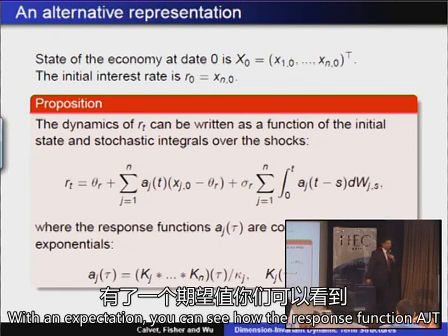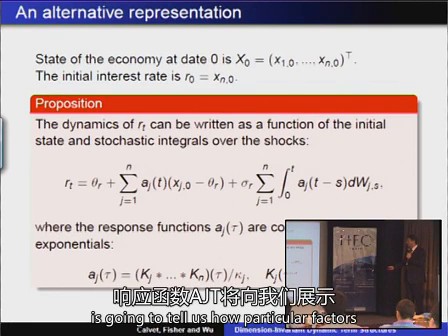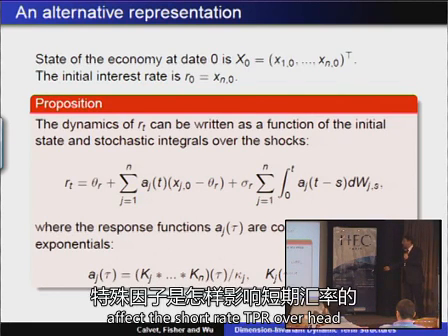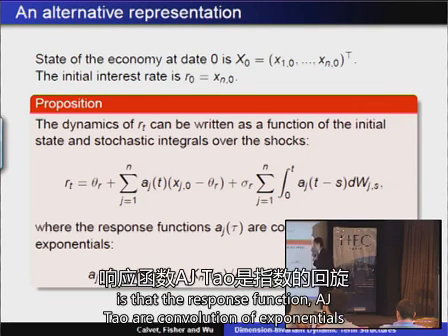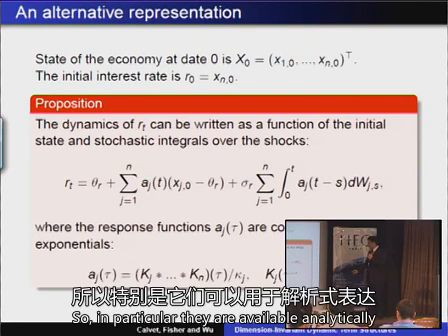But in expectation, you can see the response functions AJT that are going to tell us how a particular factor affects the short rate t periods ahead. Now, what we show, very straightforwardly, is that the response functions AJ tau are convolutions of exponentials. So in particular, they are available analytically.